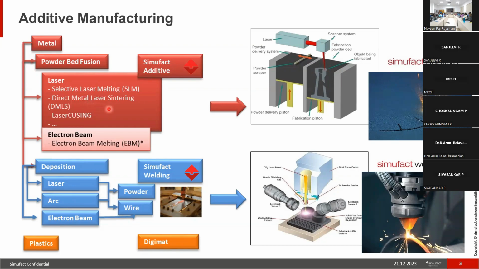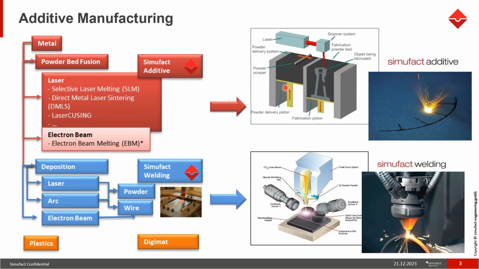Here we can see a brief overview of how the process happens. There are a lot of players in the industry, like EOS, machine manufacturers who build machines for powder bed fusion technologies.